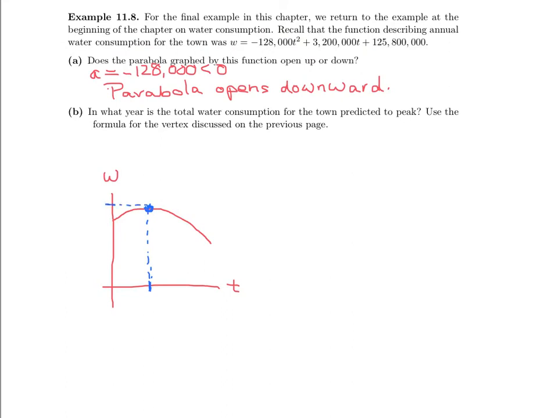And right at this value, that would be the highest level of consumption for the town. So right there, that is peak consumption. And notice that peak consumption is represented by the vertex.